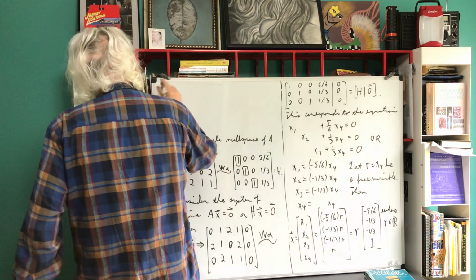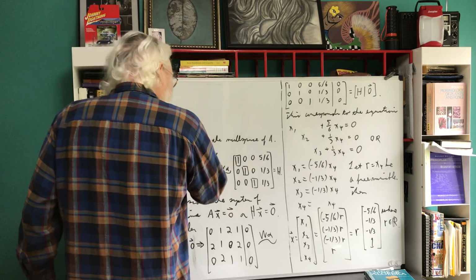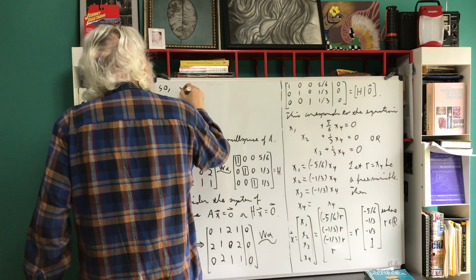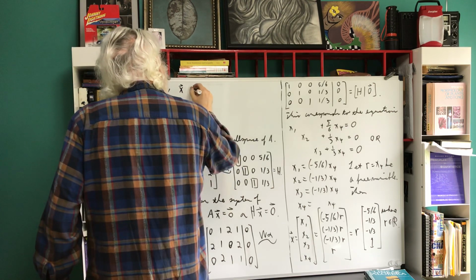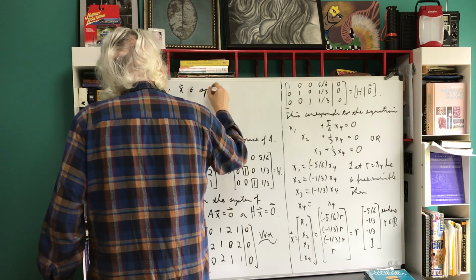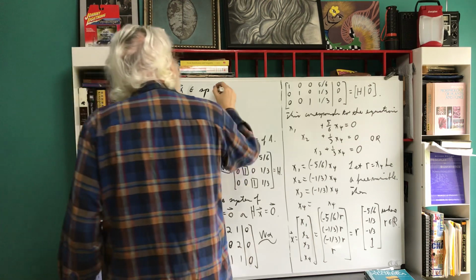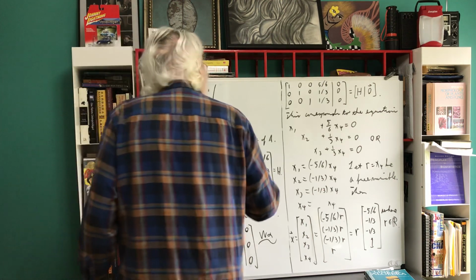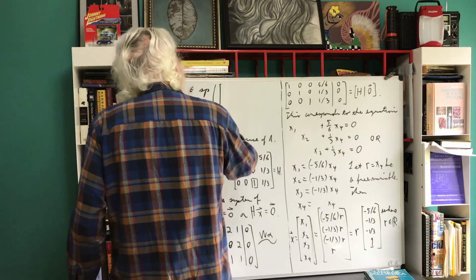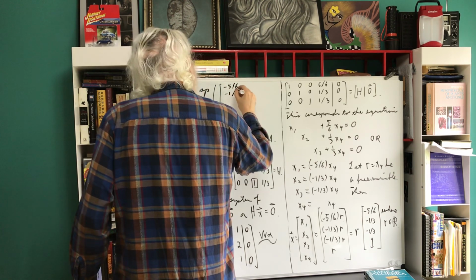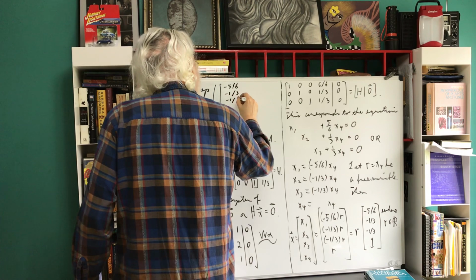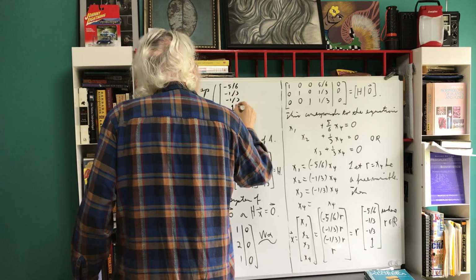So x, a solution to the system of equations, is an element of, we've taken all linear combinations of that single vector. So we've got x to be an element of the span of negative 5/6, negative 1/3, negative 1/3, 1.